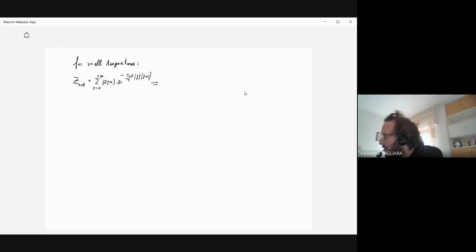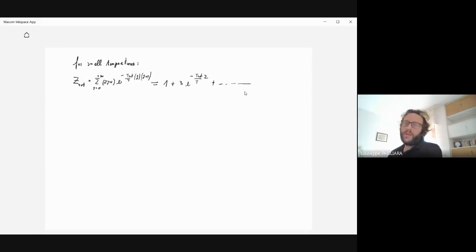The first one will be just 1, and the second one will be 3 e to the minus t rot divided by t times 2, plus other terms. So let us neglect all the other terms.